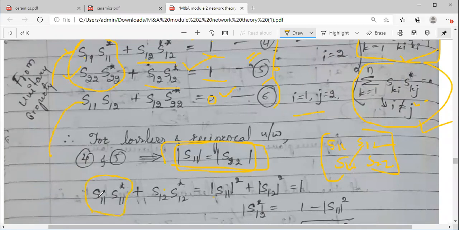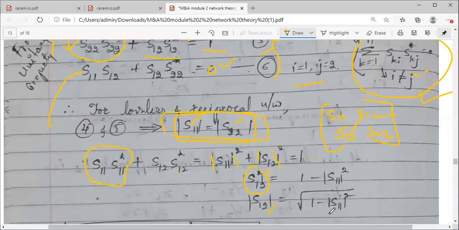When I take the value with its conjugate multiplication, I'm taking the magnitude, right? So magnitude of S11 squared plus magnitude of S12 squared is equal to 1, and S11 we have already equated here. So S12 squared is 1 minus S11 squared, and S12 is the square root of 1 minus S11 squared.